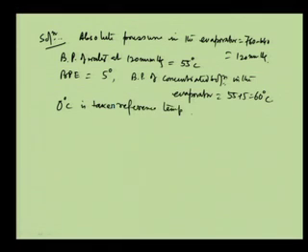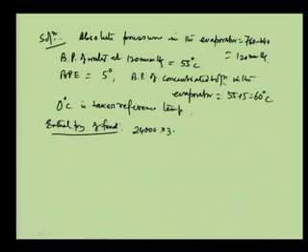Then the enthalpy of feed is equal to 24,000, the feed flow rate, into 3.9 into 30 minus 0, that is the driving delta T, and that is equal to 2.81 into 10 to the power 6 kilojoule per hour.